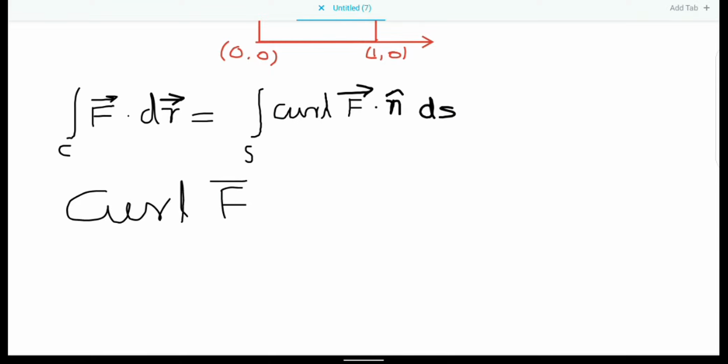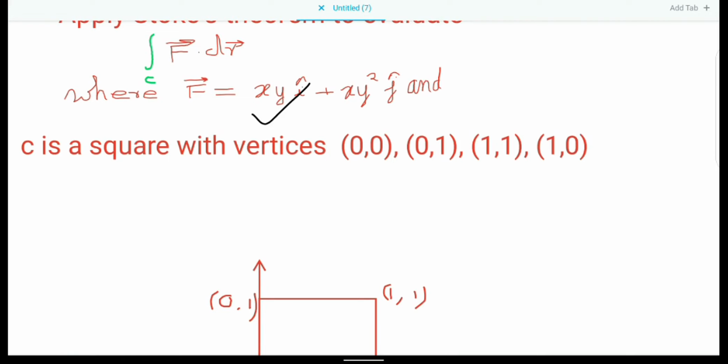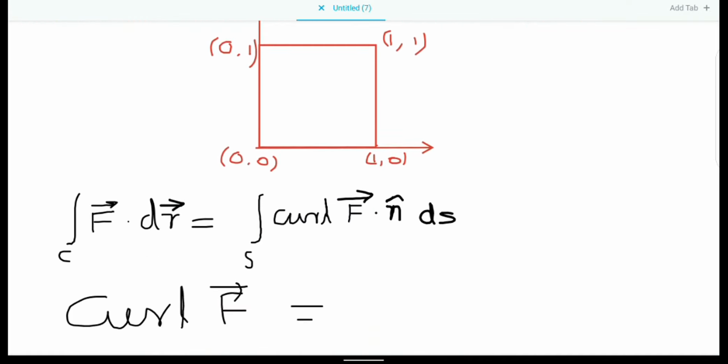and we are given F equal to xy i plus xy squared j. And how do we find curl?